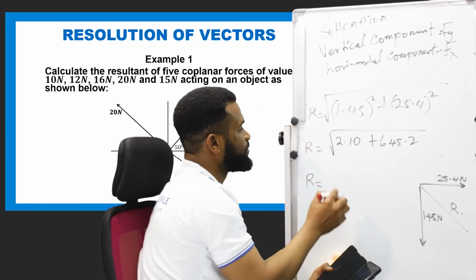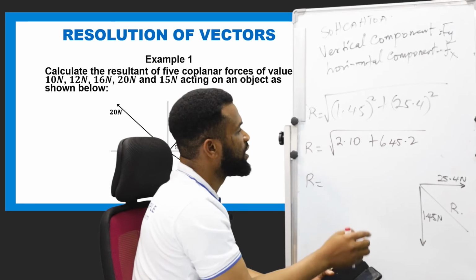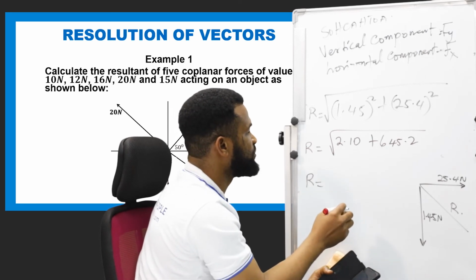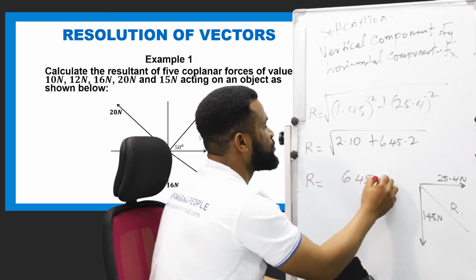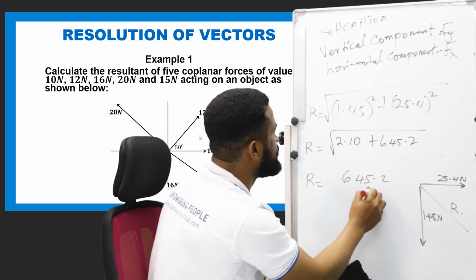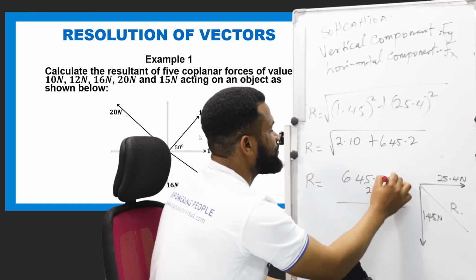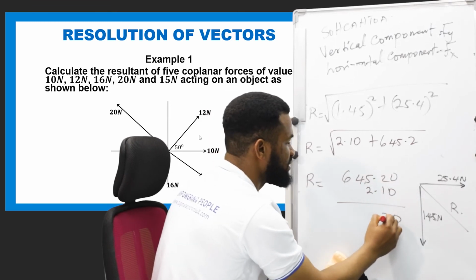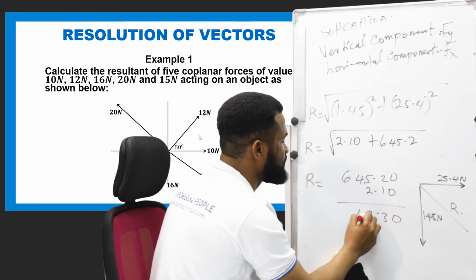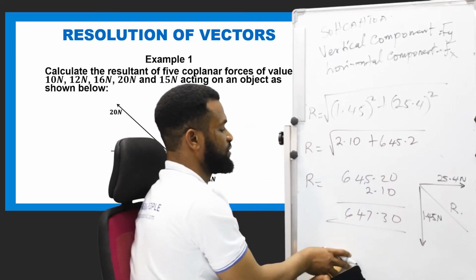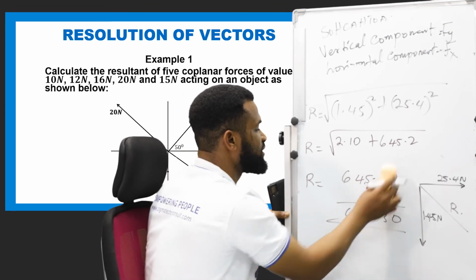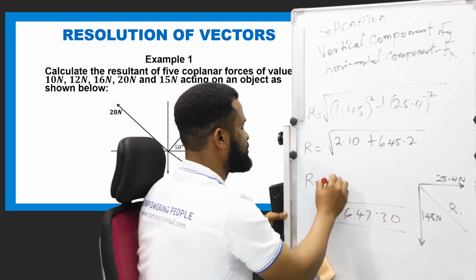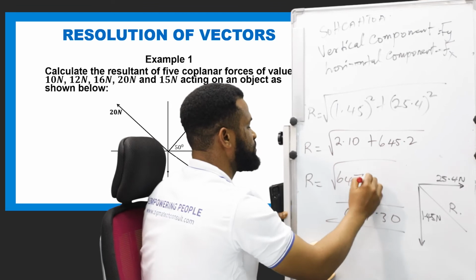So the resultant of this body is taking, adding them. If I have 645.2 and then this is 2.10, this is 647.3. I'm going to take the square root of this. So the square root of 647.30.